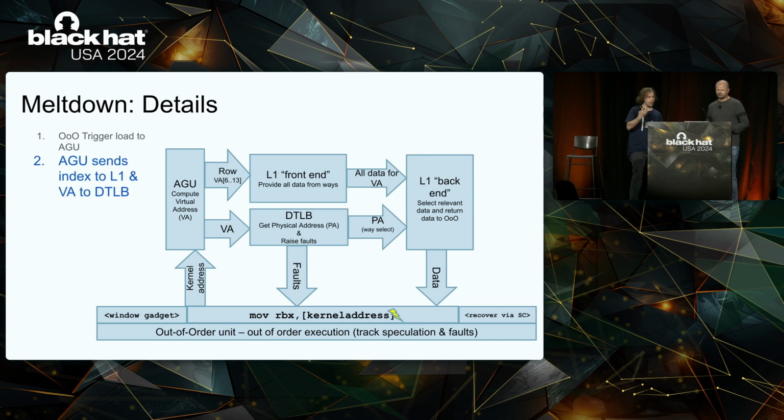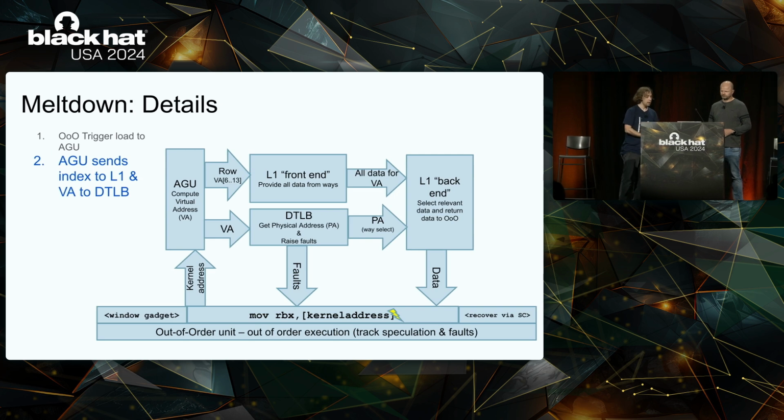All right, and then this AGU basically takes some bits of this virtual address, forwards them in some way to the level 1 cache, translates them maybe in some way, and also forwards it to the TLB, the translation look-aside buffer. And this happens in parallel.